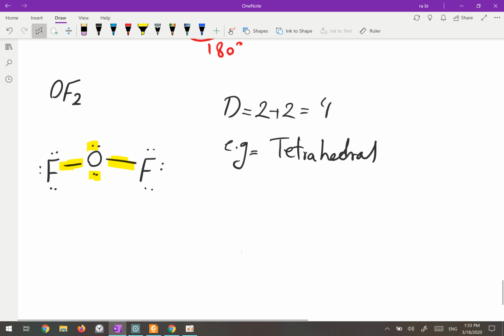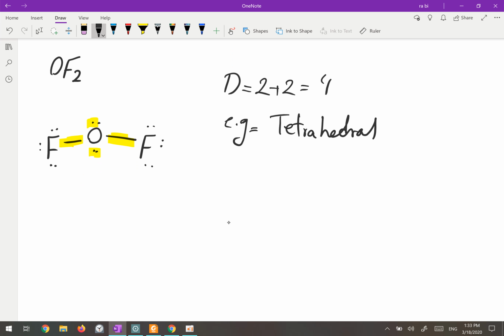Okay, so for the tetrahedral structure, you have the central atom. One domain here, one domain here, one domain coming out of the screen, one domain going inside the screen. 2 of these domains are single bonds with the fluorine. But the other 2 domains are lone pairs. So I delete the bond, I put the lone pair.